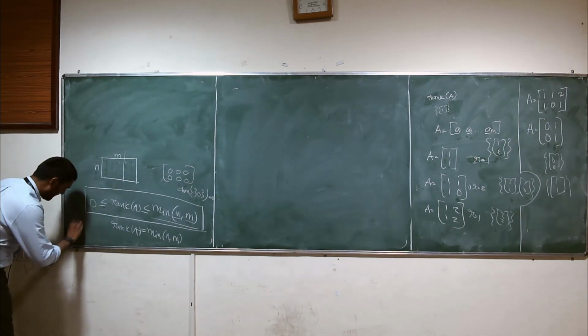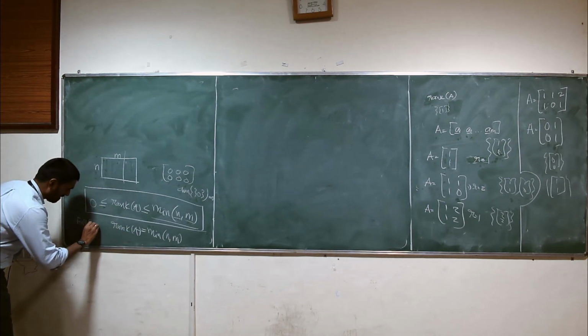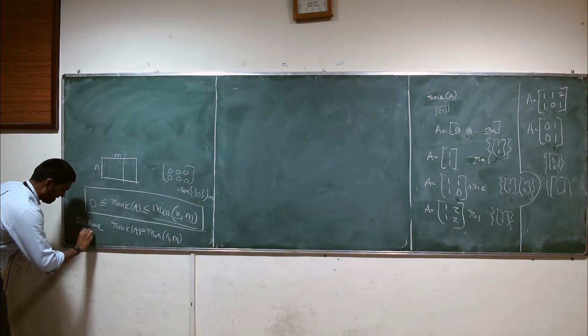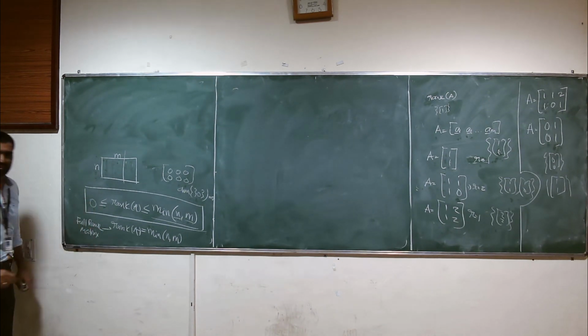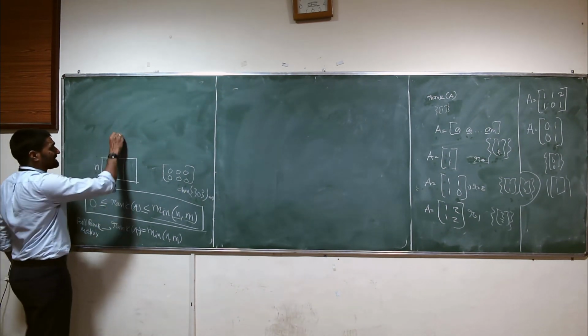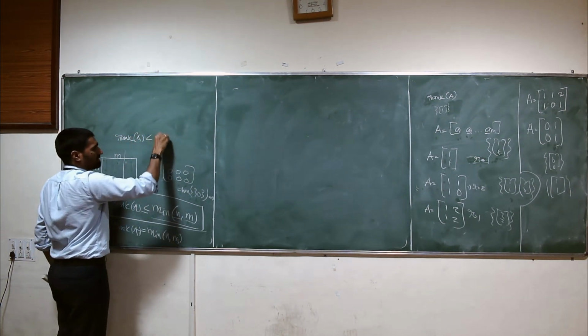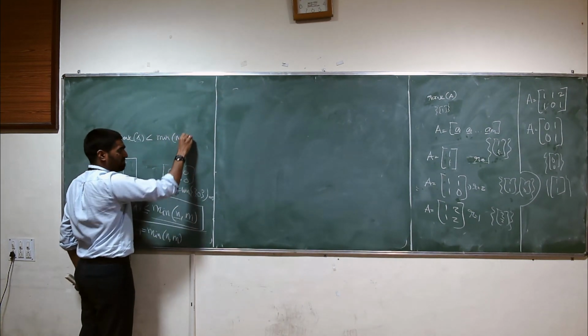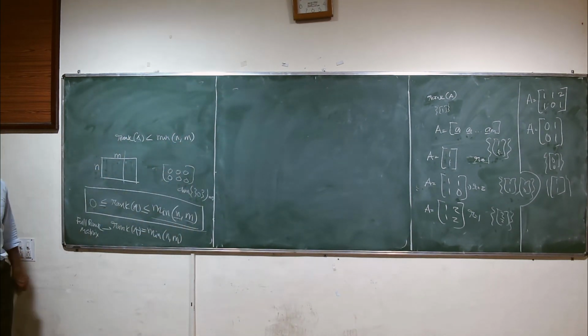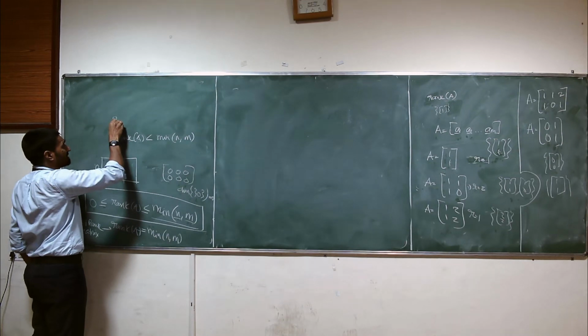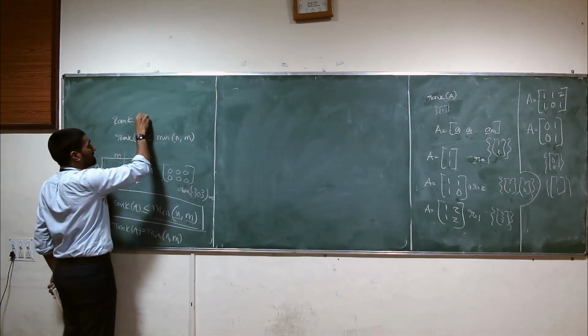Whenever it's lower than the minimum of n comma m, then we say this is rank deficient.